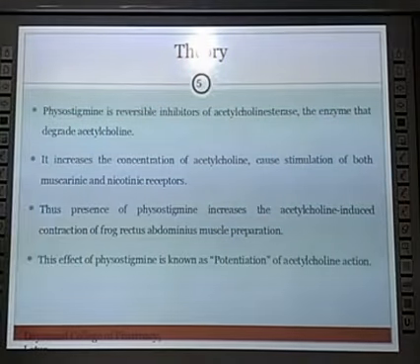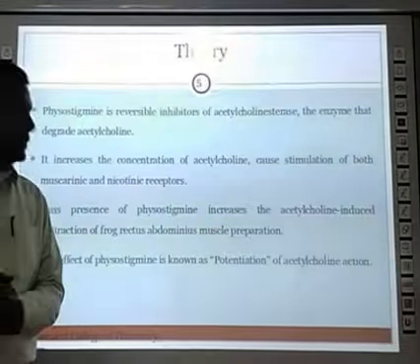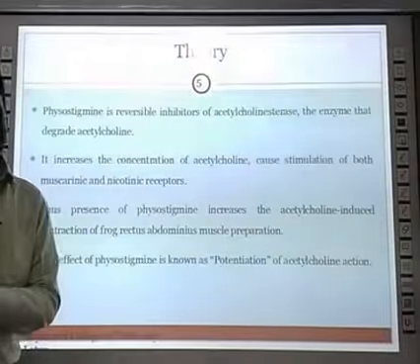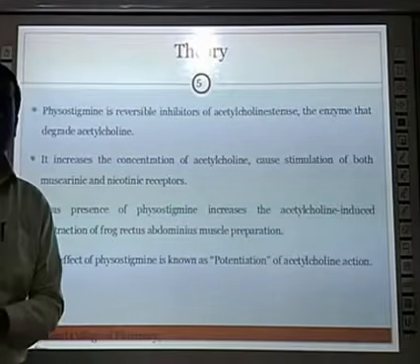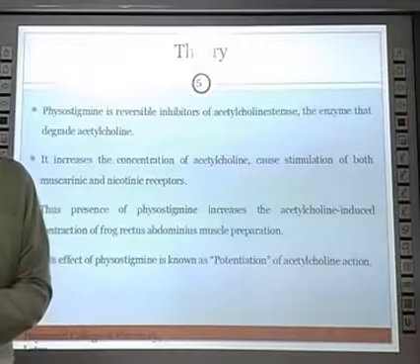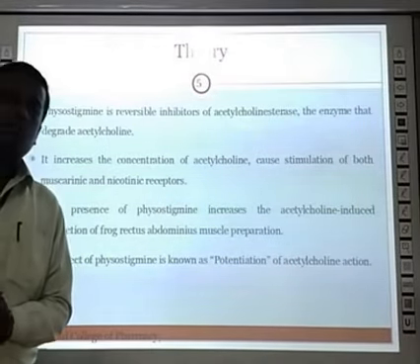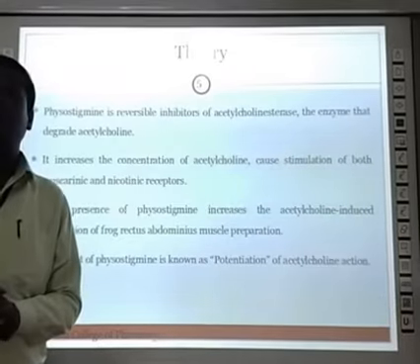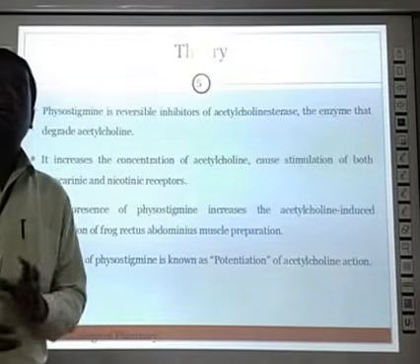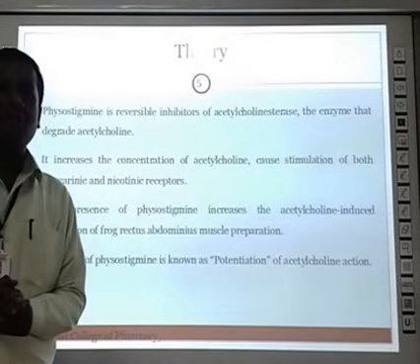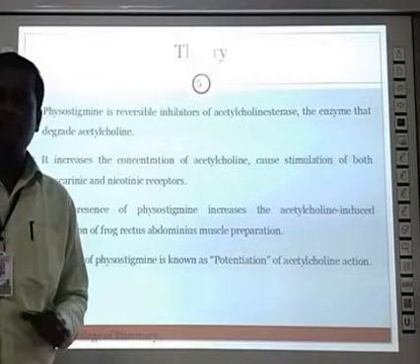Thus the presence of physostigmine increases acetylcholine induced contraction of rectus abdominis muscle of frog, and that effect of physostigmine, increasing the action of acetylcholine, we call potentiation of acetylcholine action. So this is the theory behind today's practical.